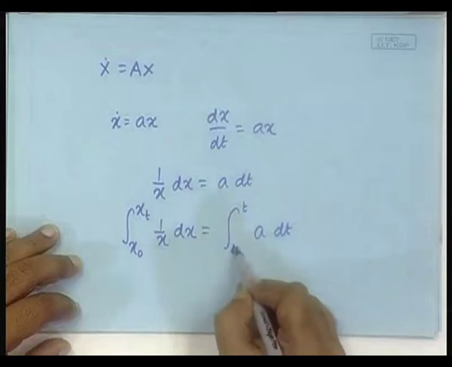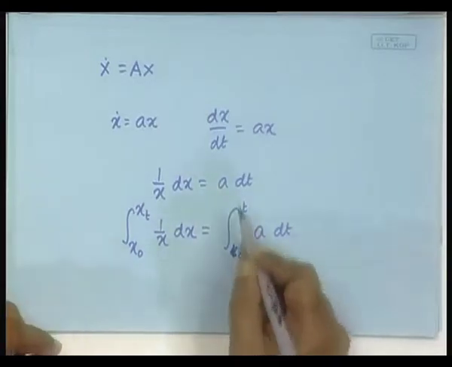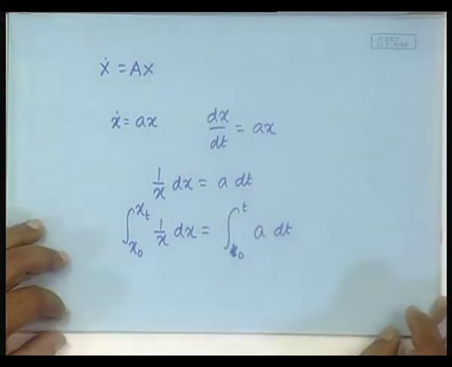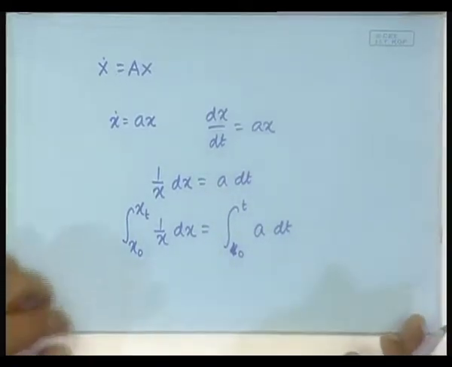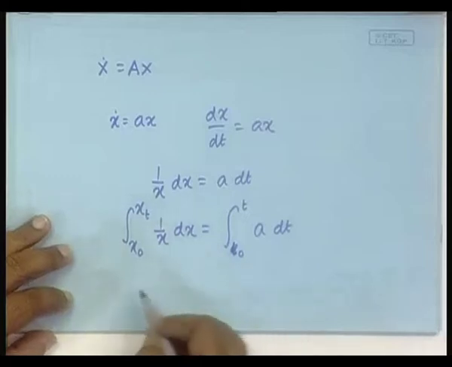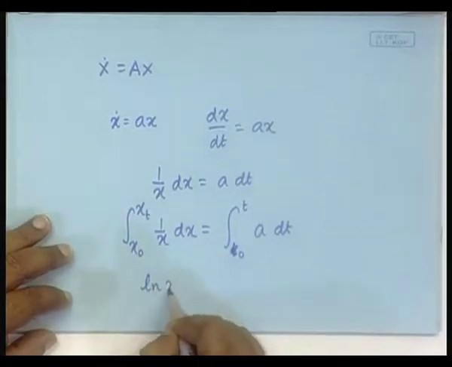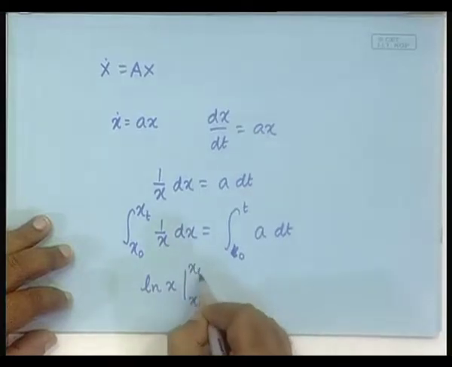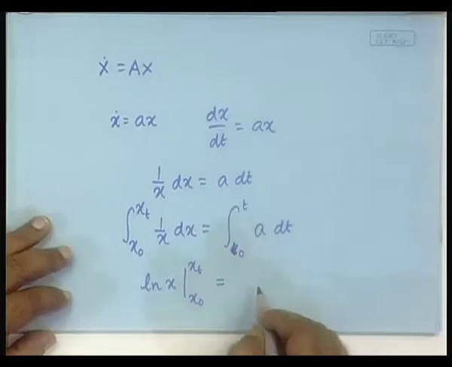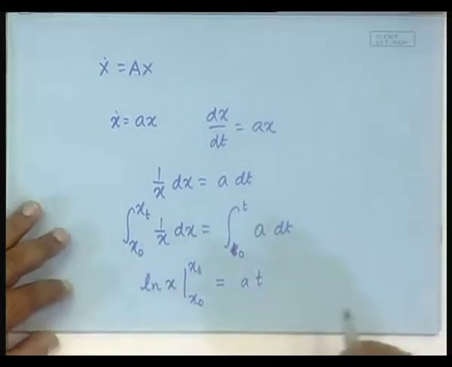Initial condition can be 0. This integration is rather trivial. So, this is ln x, evaluated from x0 to x(t), is equal to A times t, t minus 0. So, A times t.